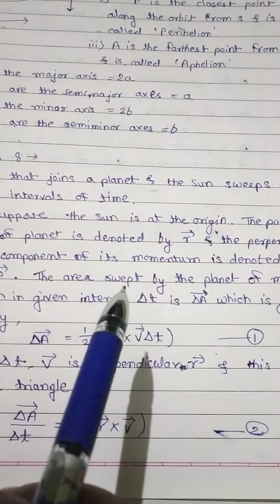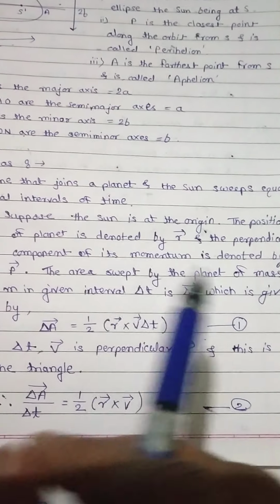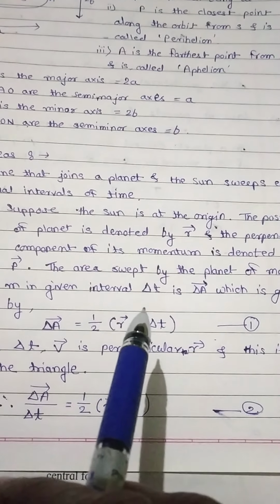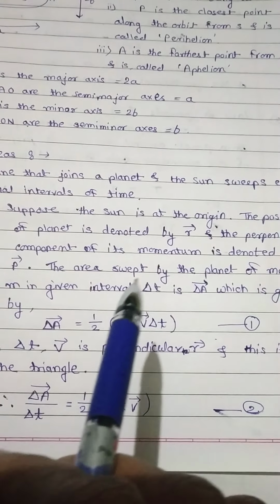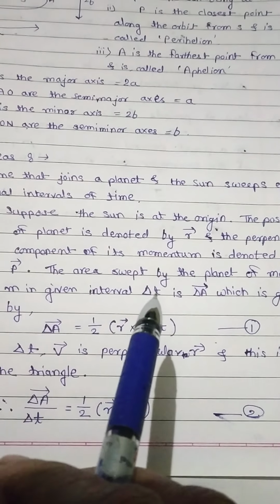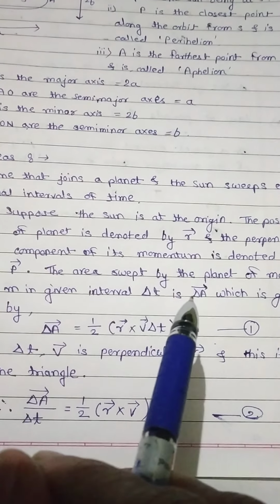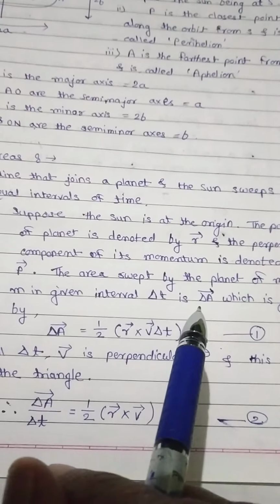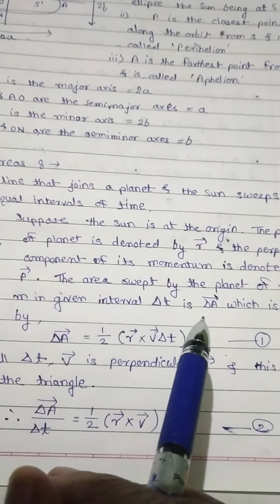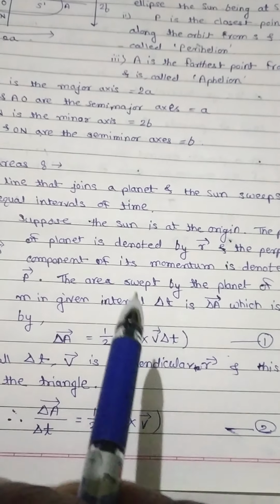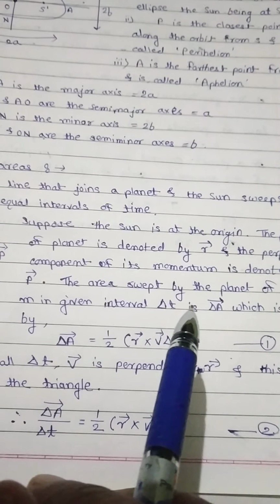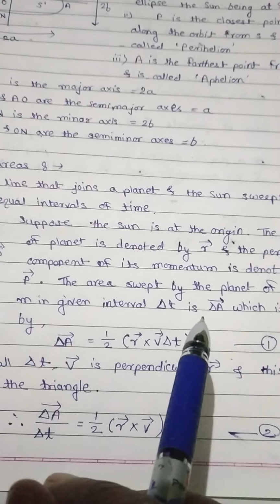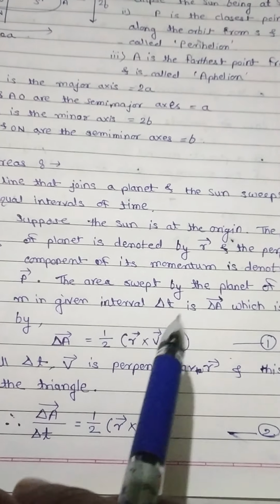The area swept by the planet of mass m in a given interval delta t, where delta t is a small interval of time, is delta A vector. Delta A means area: a small area covered in a small interval of time.